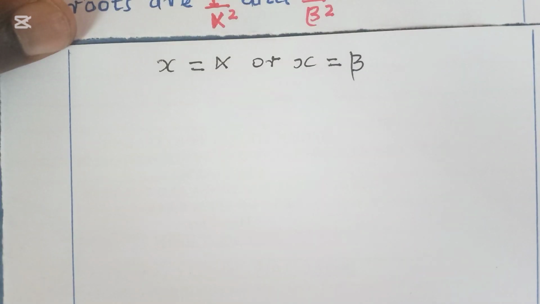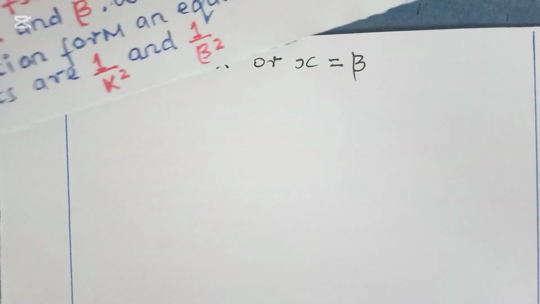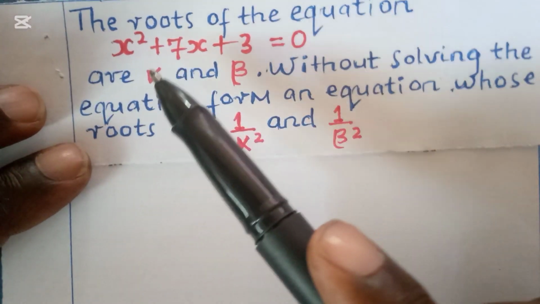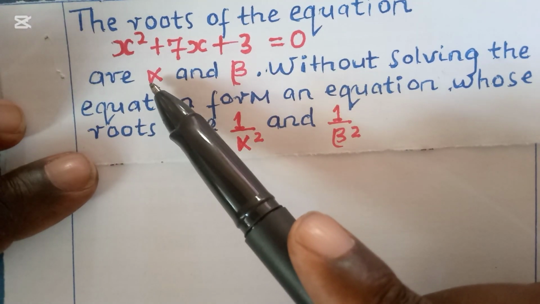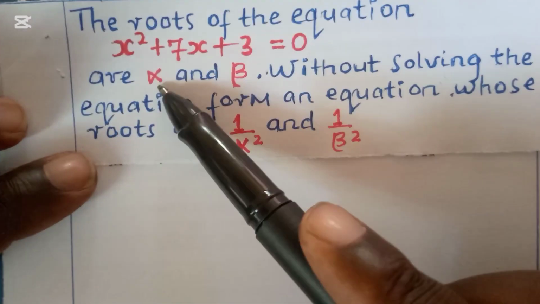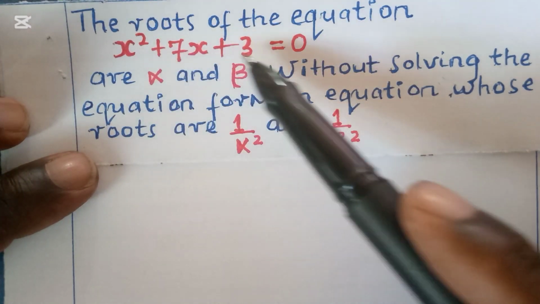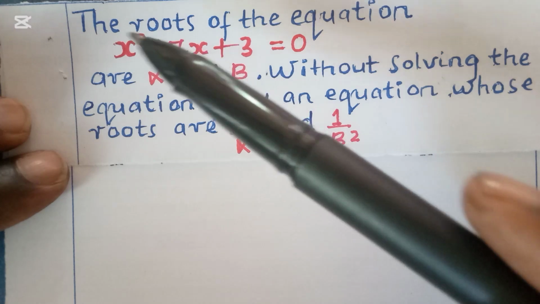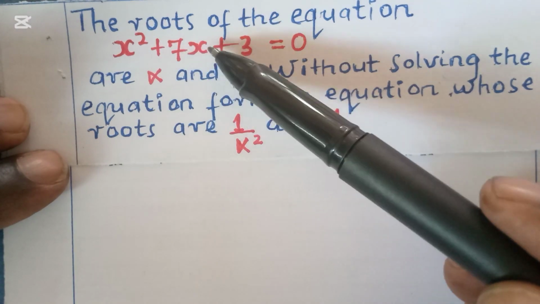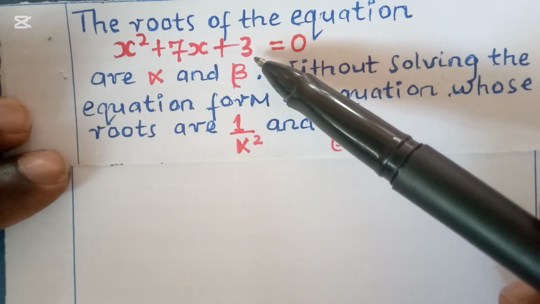Essentially, I am looking for the equation formed by these roots, alpha and beta, and that equation should be equal to this one. So the coefficient of x squared will be the same, the coefficient of x will be the same, and the constant will be the same.